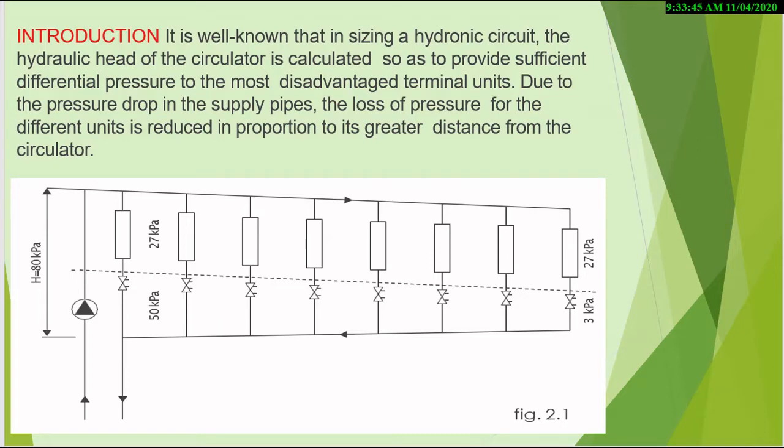It is well known that in sizing a hydronic circuit, the hydraulic head of the circulator is calculated so as to provide sufficient differential pressure to the most disadvantaged terminal unit. Due to the pressure drop in the supply pipes, the loss of pressure of the different units is reduced in proportion to its greater distance from the circulator.